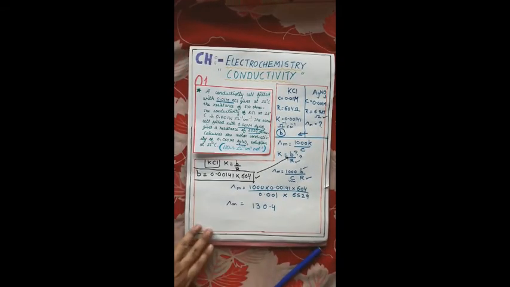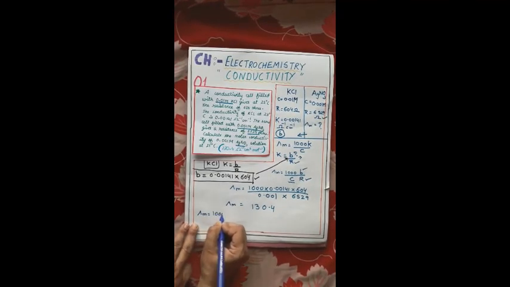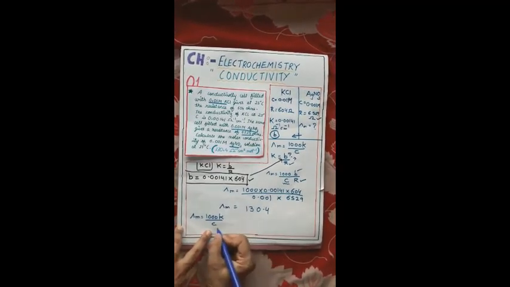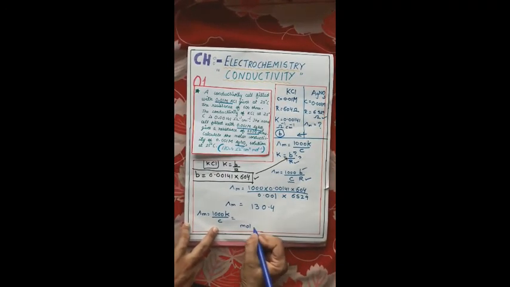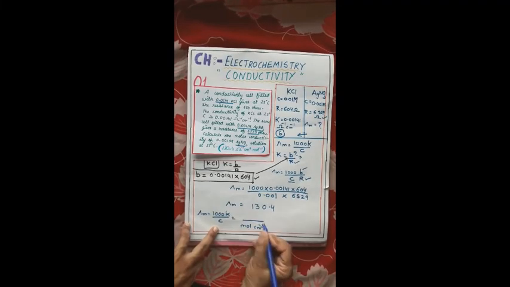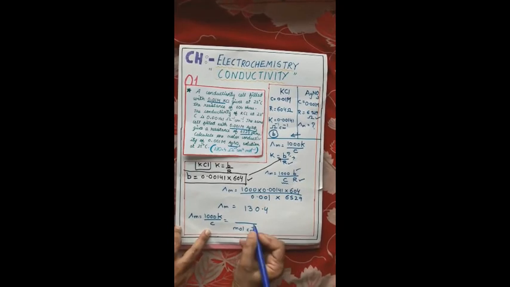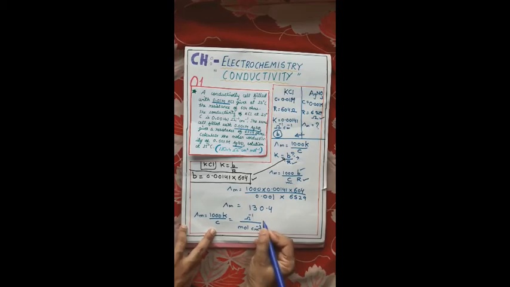Okay, now we are having lambda m is equal to 1000 K upon C. Now the unit of C we know very well, it is mole per decimeter cube or mole per centimeter cube, wherein conductivity we all know that its unit is ohm inverse centimeter inverse.